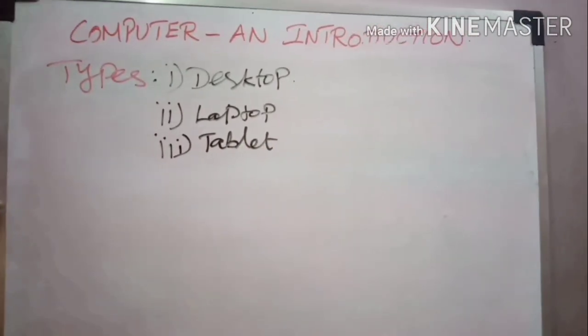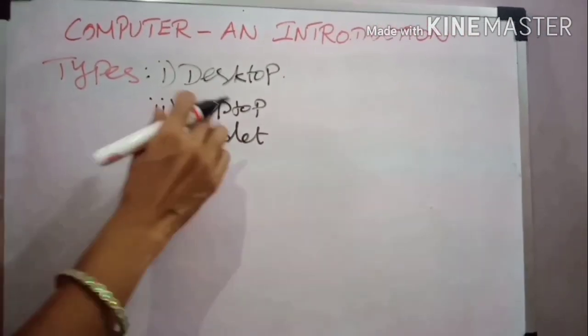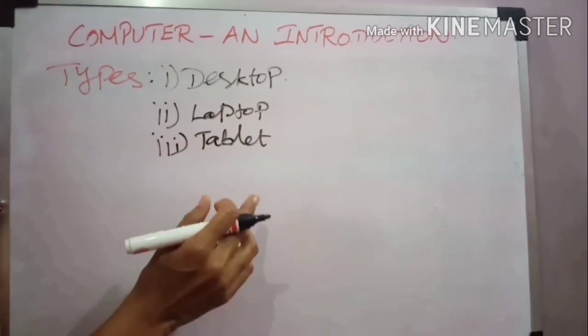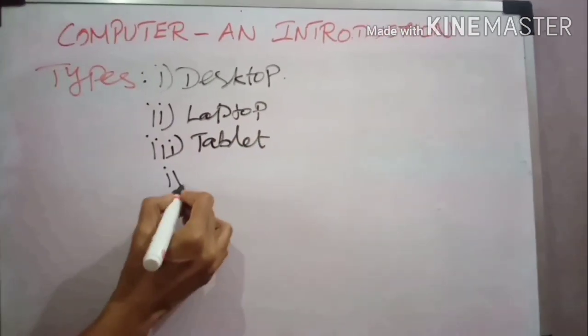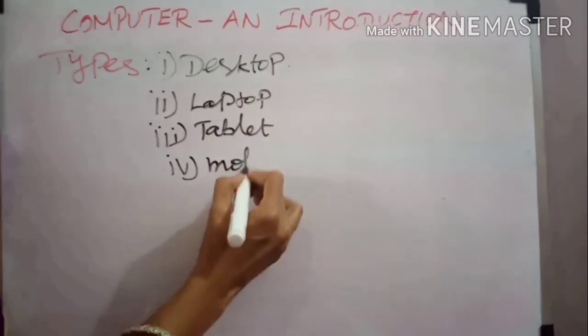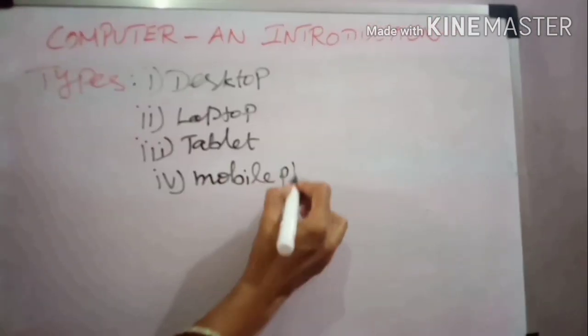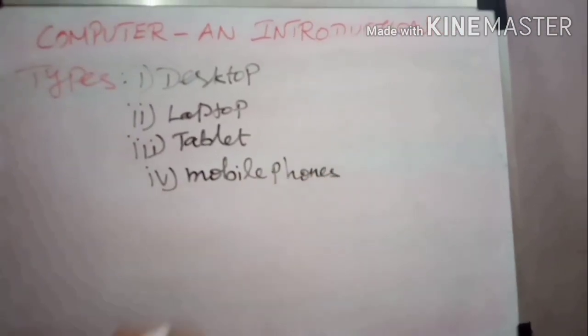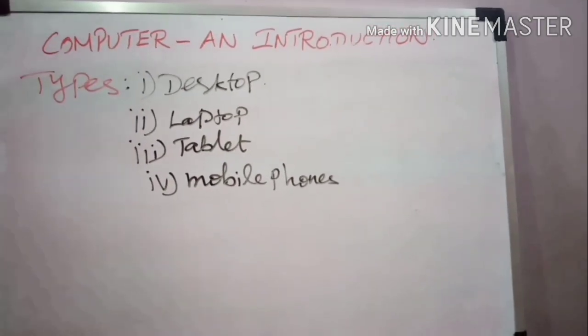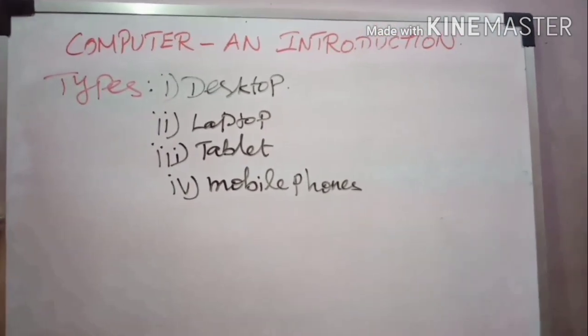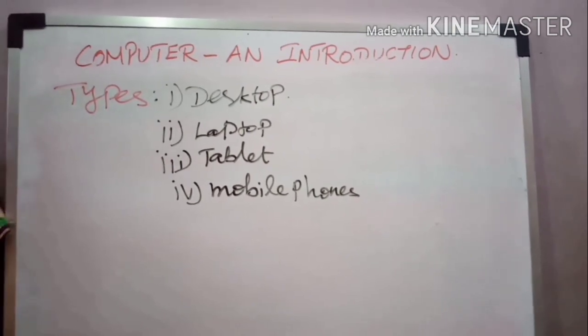They are even more portable than a laptop and they are without mouse and keyboard. Fourth one, mobile phones. They can do all the work like browsing, and we can play games also.